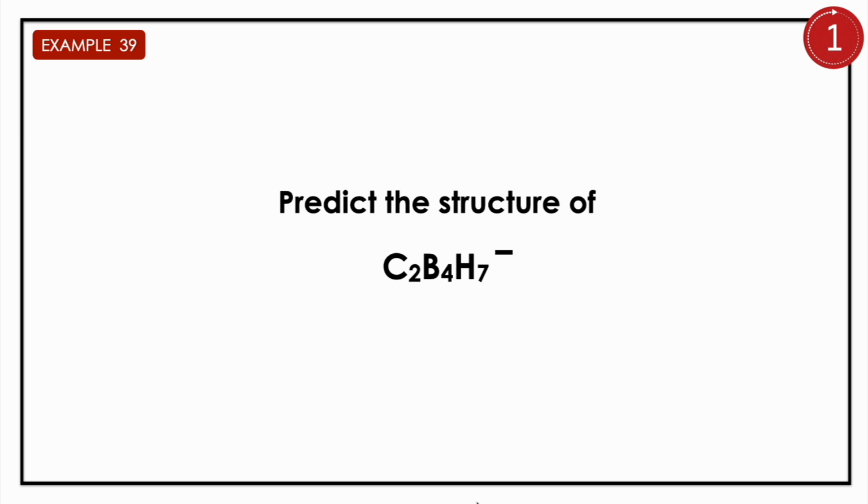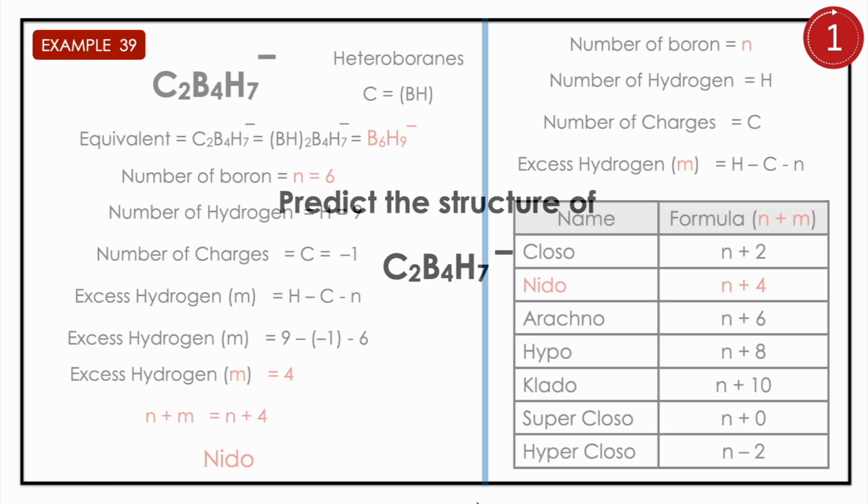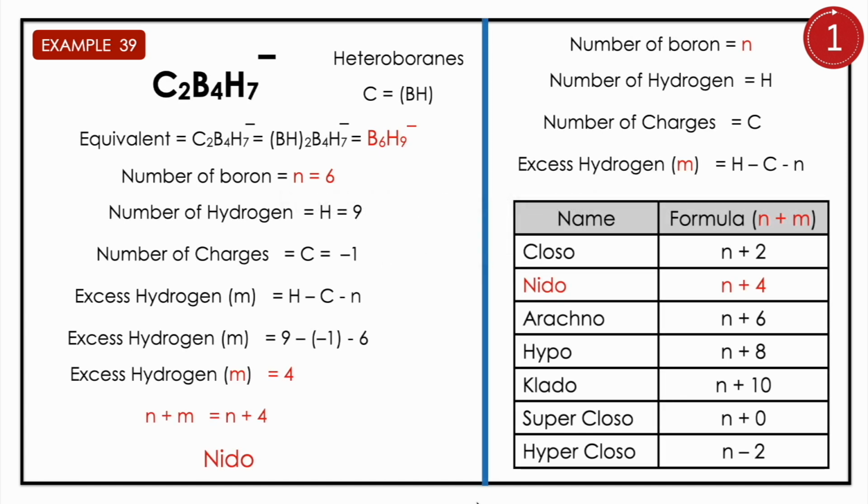Then the next example, here you have C2B4H7 minus. You should find the structure of the molecule using Wade's rule. The given compound is C2B4H7 minus, a borane with carbon. Technically it's a heteroborane, more specifically a carborane. So we should write the boron equivalent.